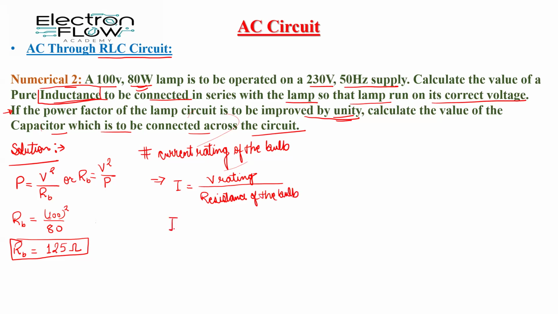So now the current is equal to 100 divided by the resistance we have calculated, 125, which means the value of the current is 0.8 ampere. So the permissible current in the bulb is 0.8 ampere.